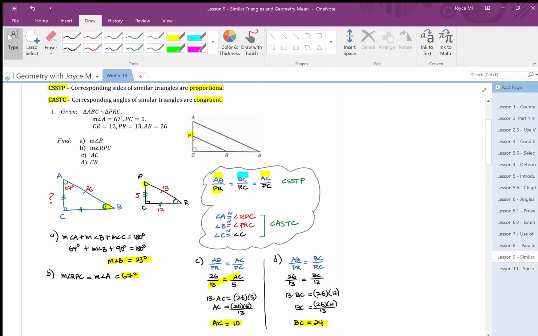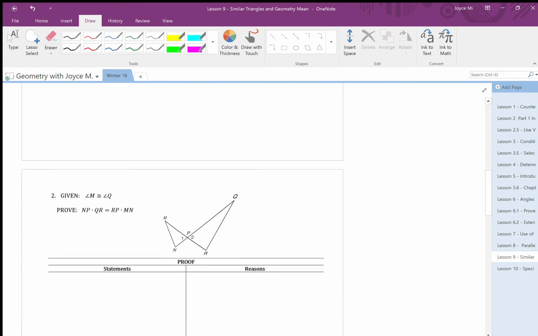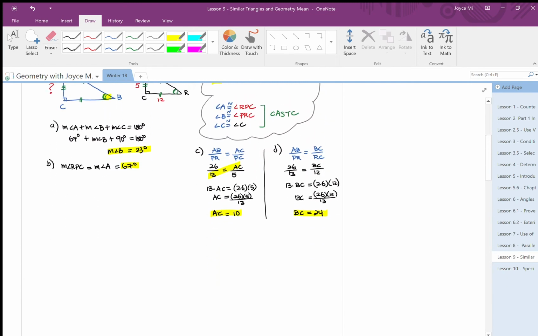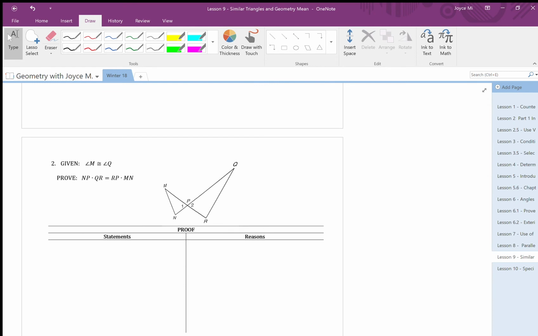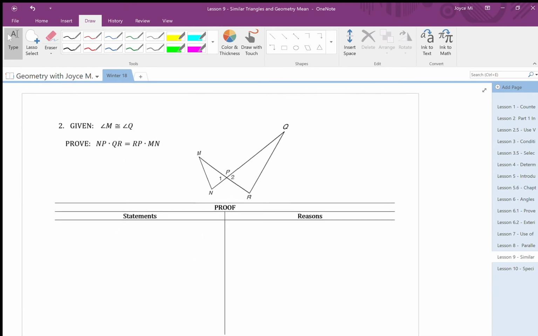So we just used similar triangles to solve for missing sides and angles in a triangle. Now, the next part: a proof of similar triangles, how to prove two triangles are similar. Let's think about what we could use.